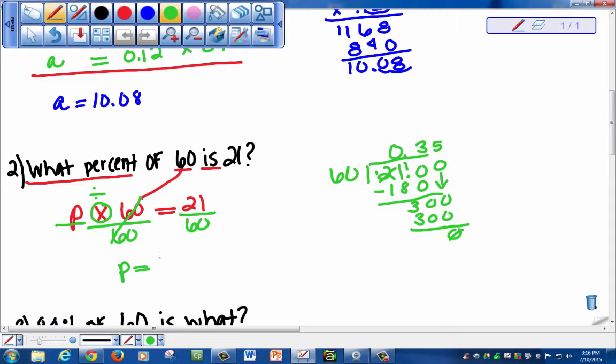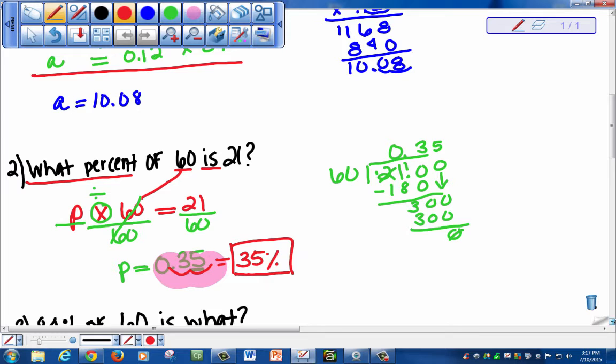So our percentage is 0.35. Now we have it in decimal notation. For us to change it to a percent, we need to move our decimal twice, because this is our hundredths place, and we need to make it into a whole number. So we move it twice, 1, 2. We have it equal to 35%. So the percent which 21 is of 60 is 35%.